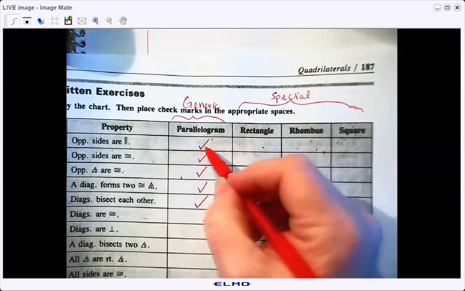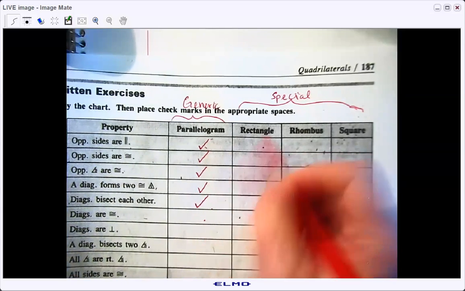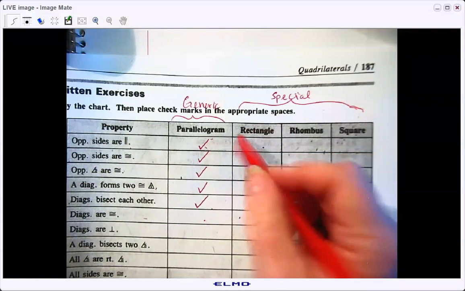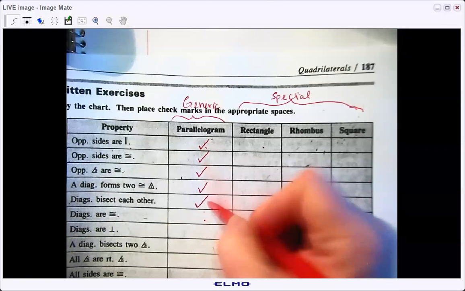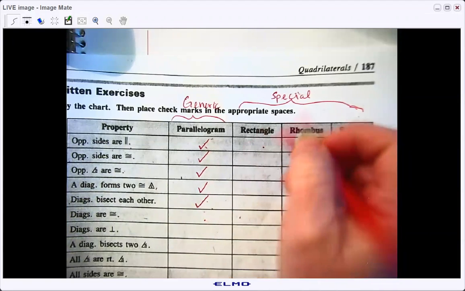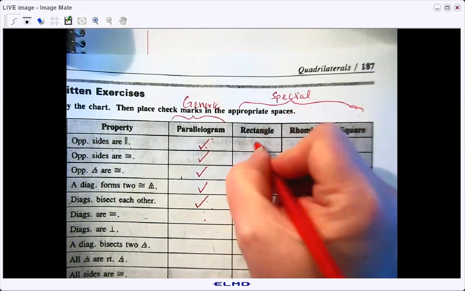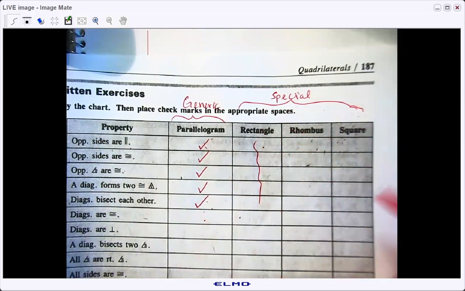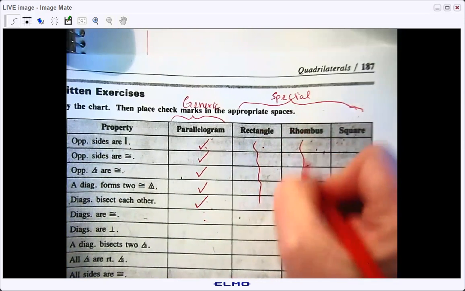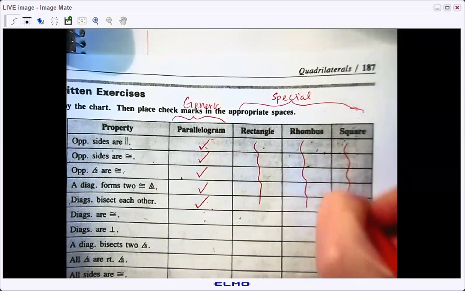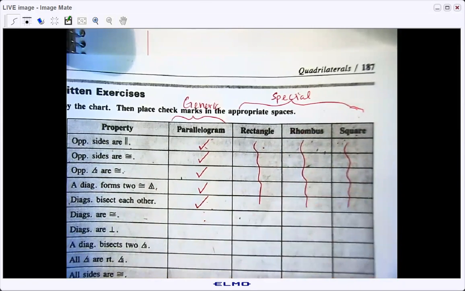Well, if it's true for the generic parallelogram, it's also true for the special parallelograms. So it's true for all of those. Okay.